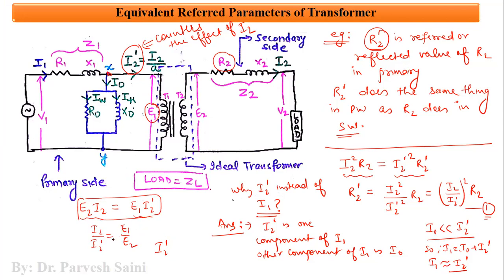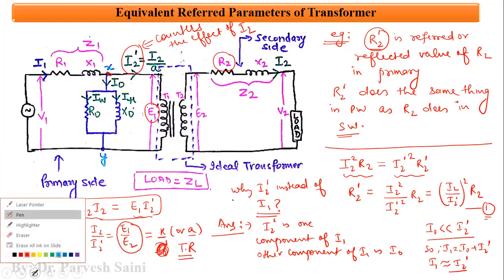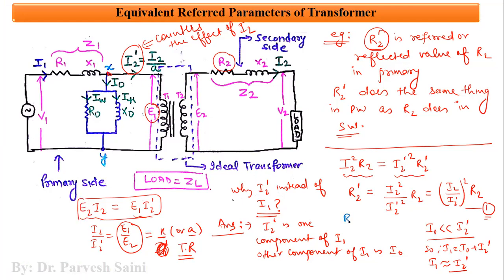So E1 by E2 is equal to K or A. In some books you will find it as K, in some books you will find it as A, right? So this is the transformation ratio. So we can replace this in equation 1, so equation 1 can be written as R2 dash is equal to A square R2.